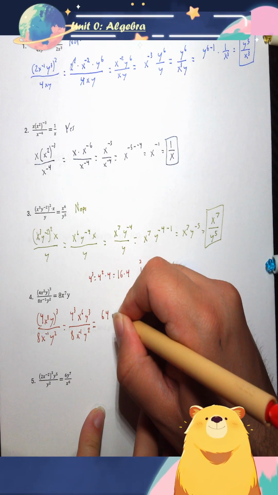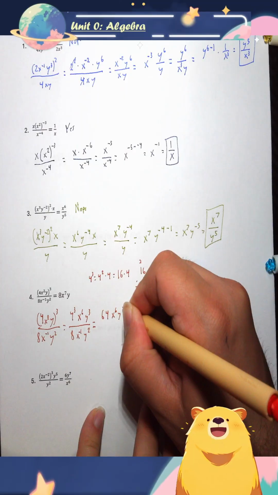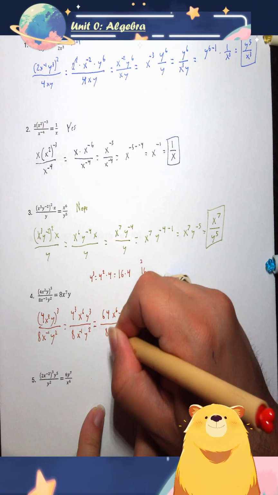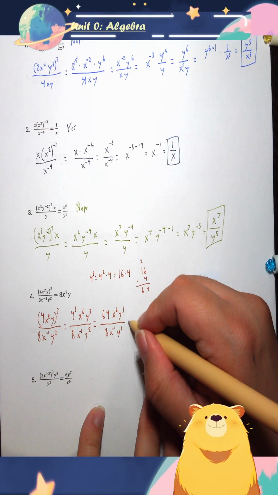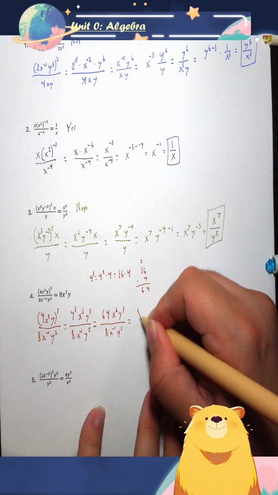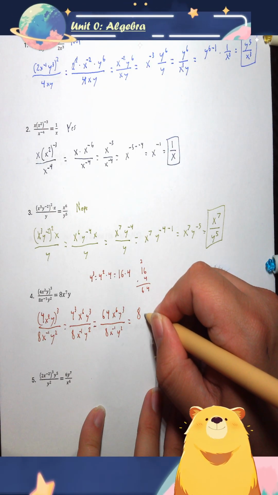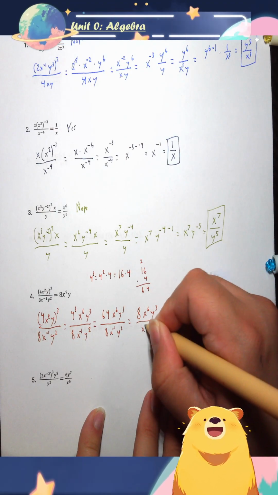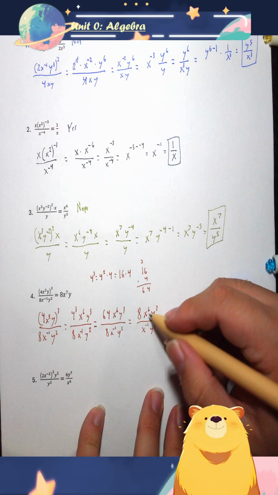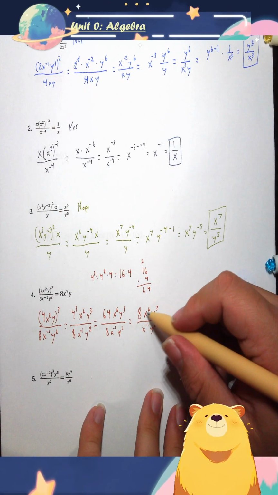64, x to the 6, y to the third, over 8, x negative 1, y squared. 64 divided by 8 is just going to be 8. So 8 x to the 6, y to the third, over x to the negative 1, y squared. Let's go ahead and simplify this.